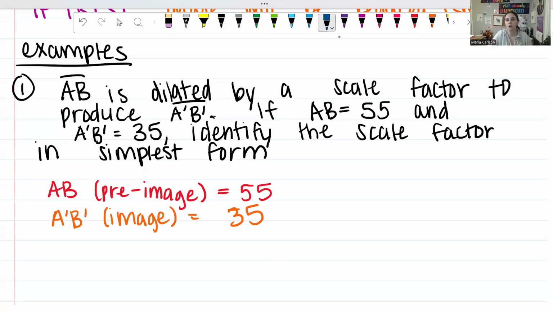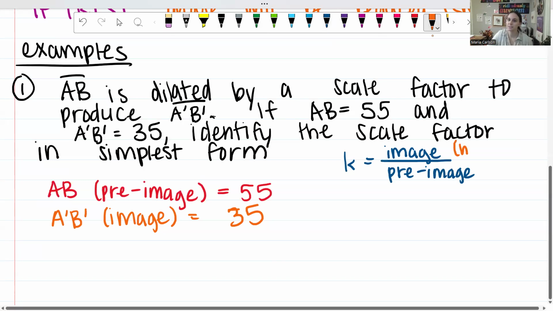So please recall that scale factor formula, which involves taking your image and placing that over your pre-image. So whatever the length of your image is, divide that by the length of your pre-image. Take the new and divide it by the original.